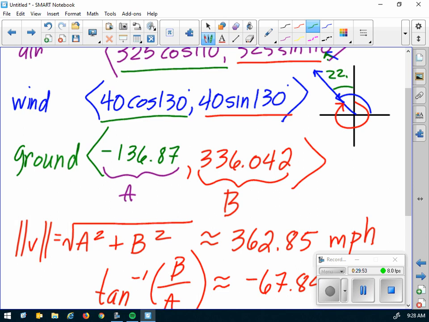You're going to write a sentence. You're going to say the plane's ground speed is 362 point whatever miles per hour, and the plane's actual bearing is 337 point something. The bearing angle is the red angle. I took the blue angle and figured out what this little piece was right here, which is the 112 minus 90.